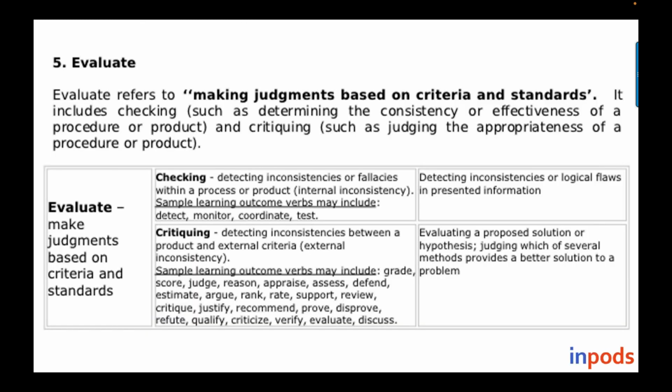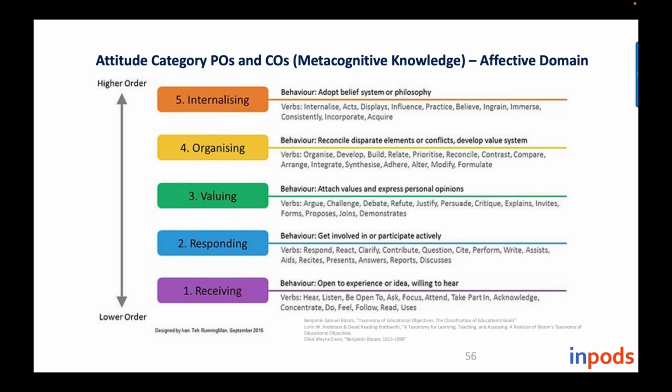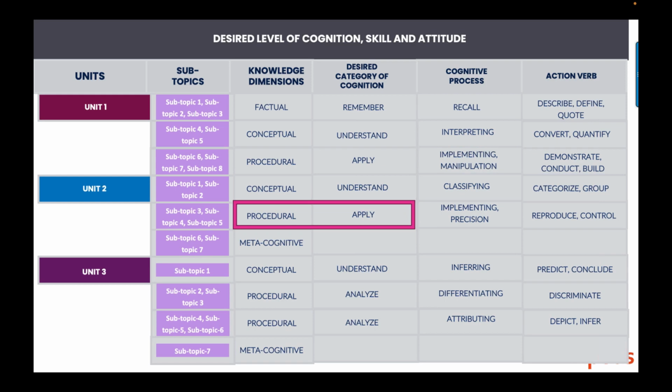So this is how you can build your course blueprint by using the idea of identifying the cognitive process and the action verb. The remaining three dimensions are already defined in your program level blueprint, which is direct input to you.